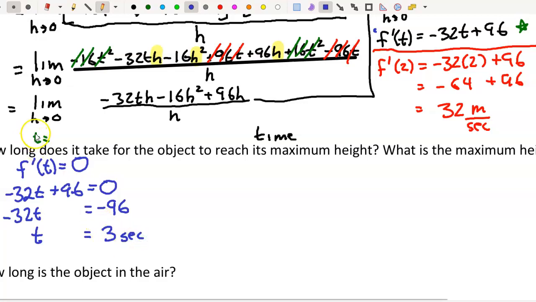And as promised, our answer is time, right? We've got to make sure we're answering the question. I've seen this where people automatically assume when it says how long, maximum height, I need to find maximum height. No, it's asking how long does it take to get there, not what is the maximum height. So it's a different question.